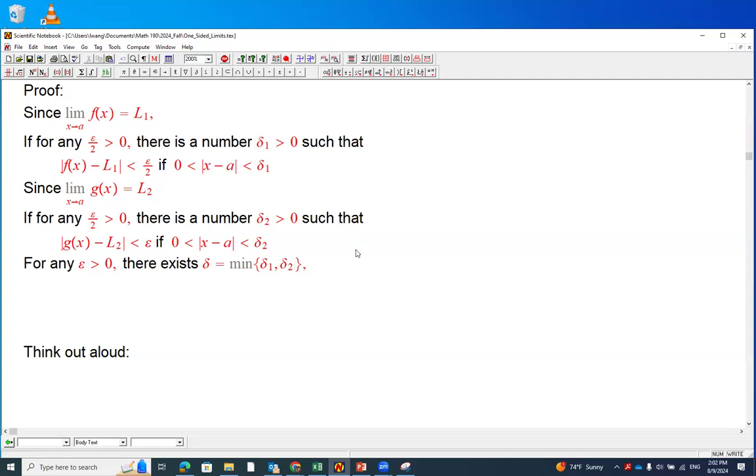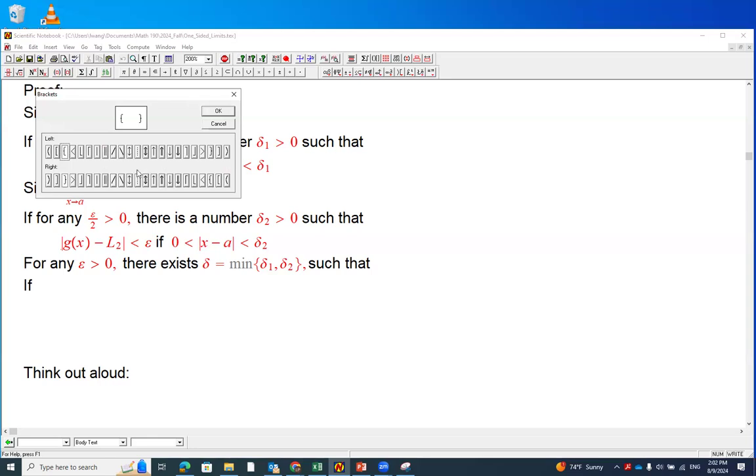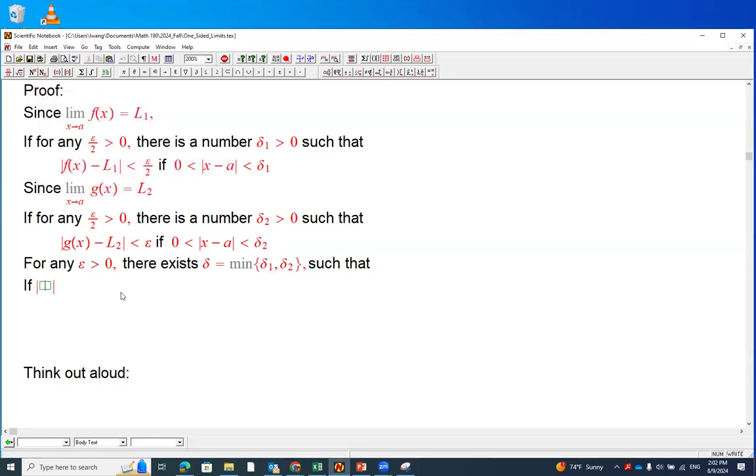Such that if the absolute value of x minus a is less than delta, and greater than 0, and remember this delta is smaller than the smaller one of these two, so we know this is true.